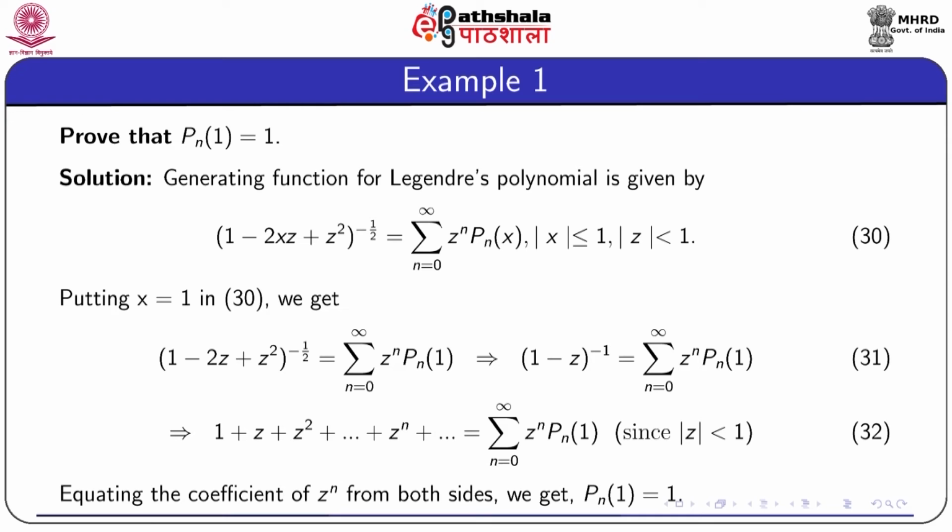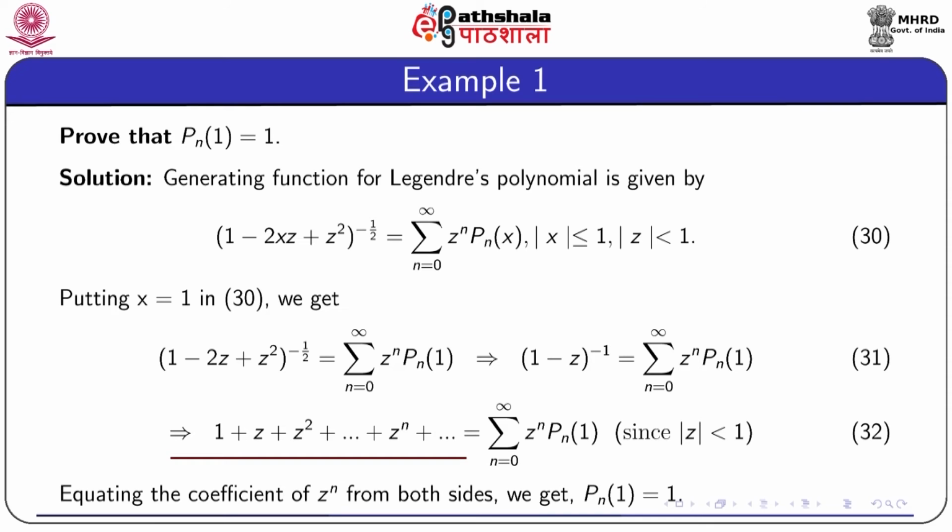Now, the left hand side of 32 can be put in the form (1 - z)^(-1).